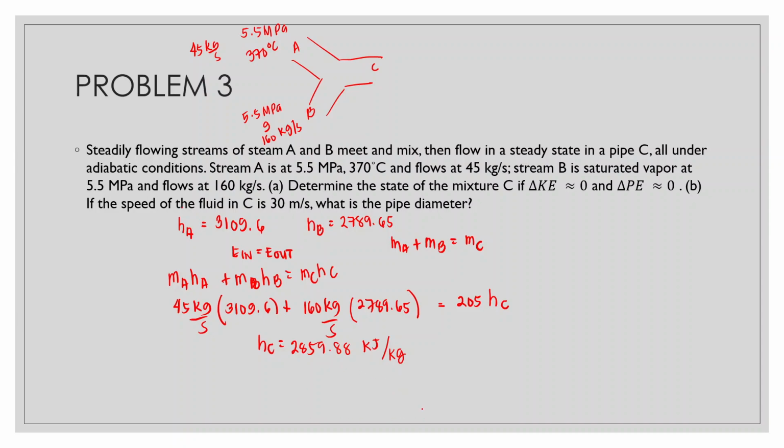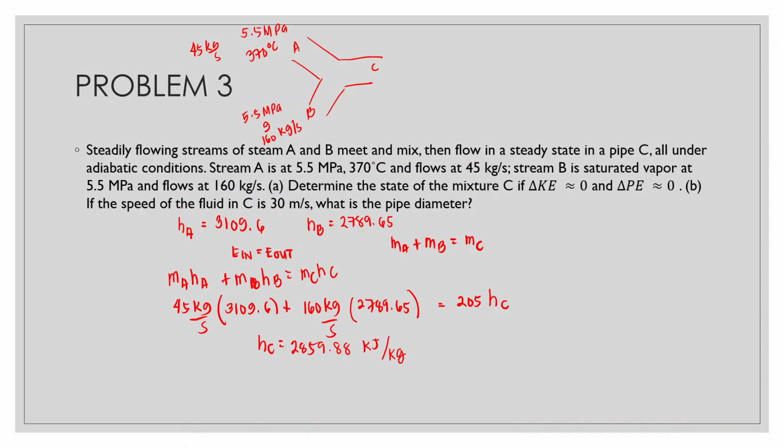Ngayon, kung titingnan natin sa steam tables, ang HC natin is, kung titingnan natin sa pressure table, na 5.5 MPa, pakitingnan po sa table nyo, 5.5 MPa.